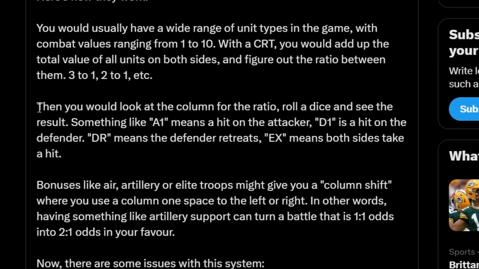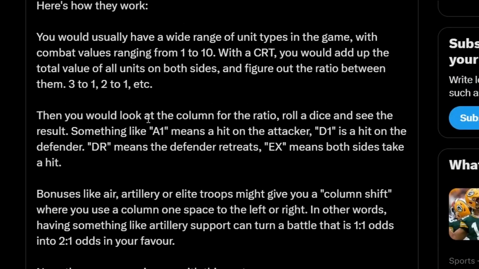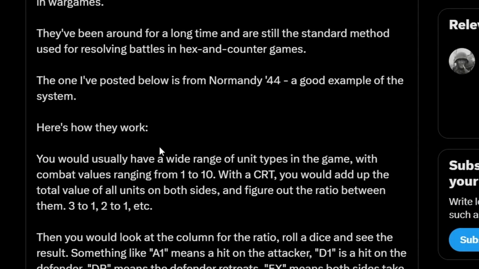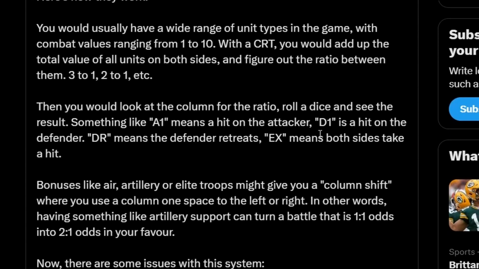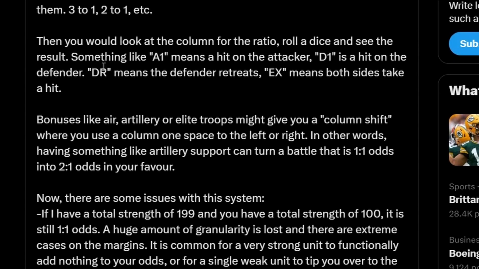So that's specifically in reference to the CRT from Normandy 44, obviously. CRTs often have much different values than just A1, D1, and exchange. In general, this is true, but there are very innovative CRTs that have more than just hits and retreats.